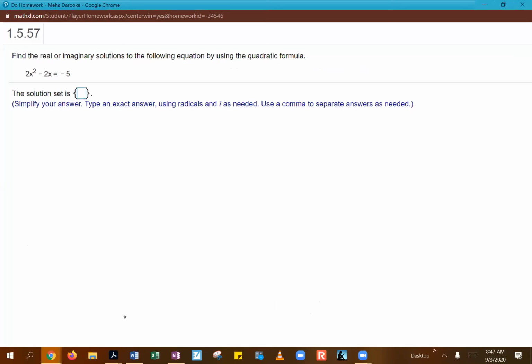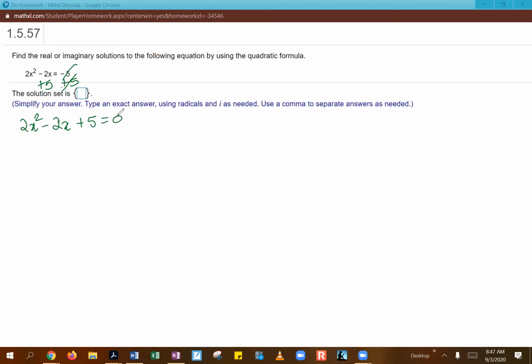So of course that means we need to take that negative 5 and move it to the left-hand side. So we'll go ahead and add that 5 to both sides of our equation, and we will now have 2x squared minus 2x plus 5. And then, of course, we will have equal to 0 on the other side.